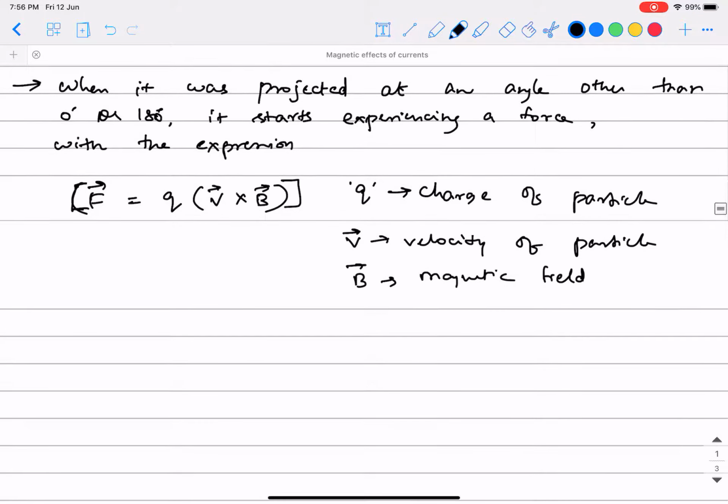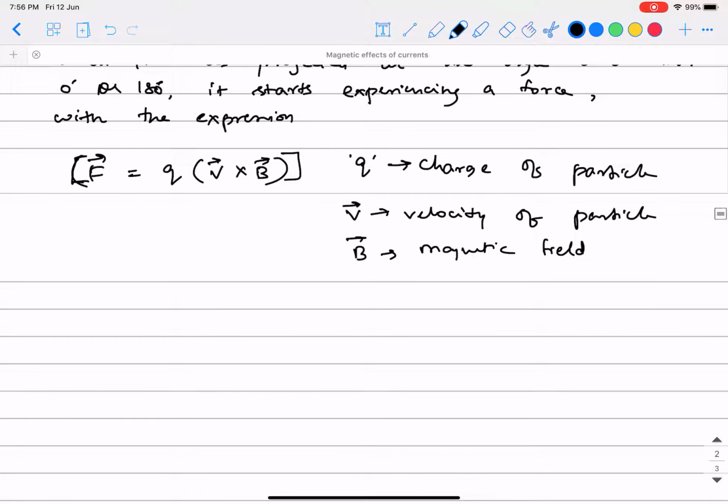So from this concept, when a charged particle is given a velocity other than 0 degrees or 180 degrees with respect to the magnetic field, it starts experiencing a force with this value.